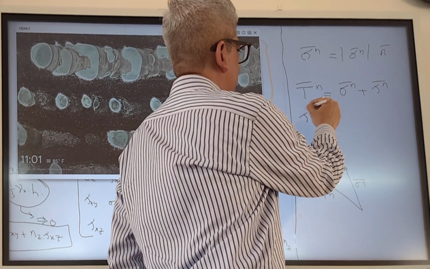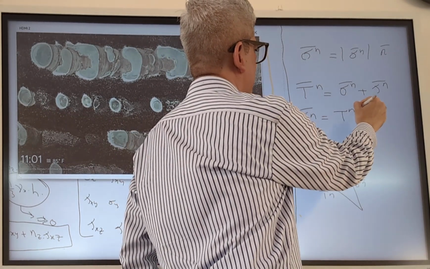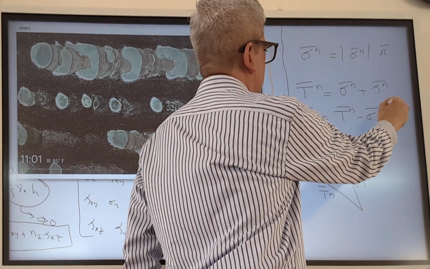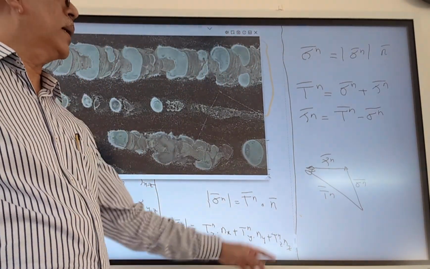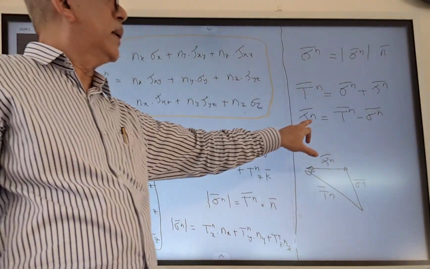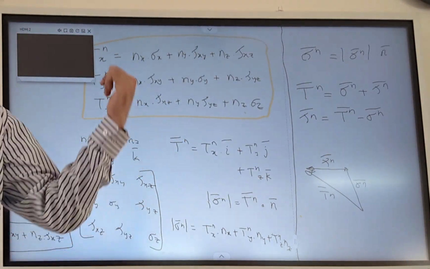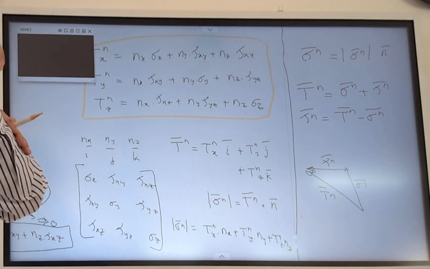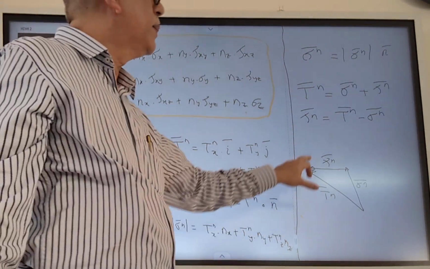We can calculate the shear stress vector as Tn bar minus sigma n bar. That is how one would calculate the value of the shear stress component.